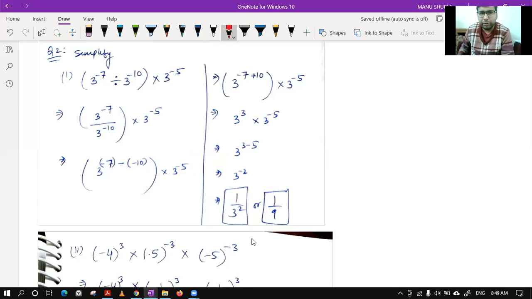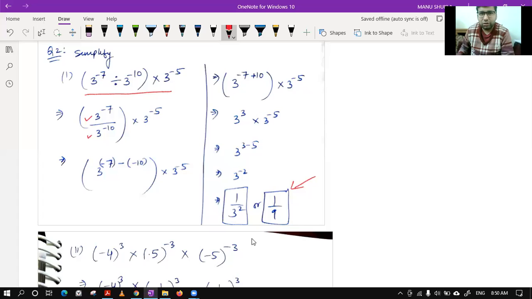So to simplify, there are many ways, but the answer will be same in all the ways. No matter which way you have taken, if you have used the formulas properly, you will get the answer without any doubt. So what I have done is I have written the numbers as it is: 3 power minus 7, 3 power minus 10. I have told you if you can avoid the negatives, that is better.